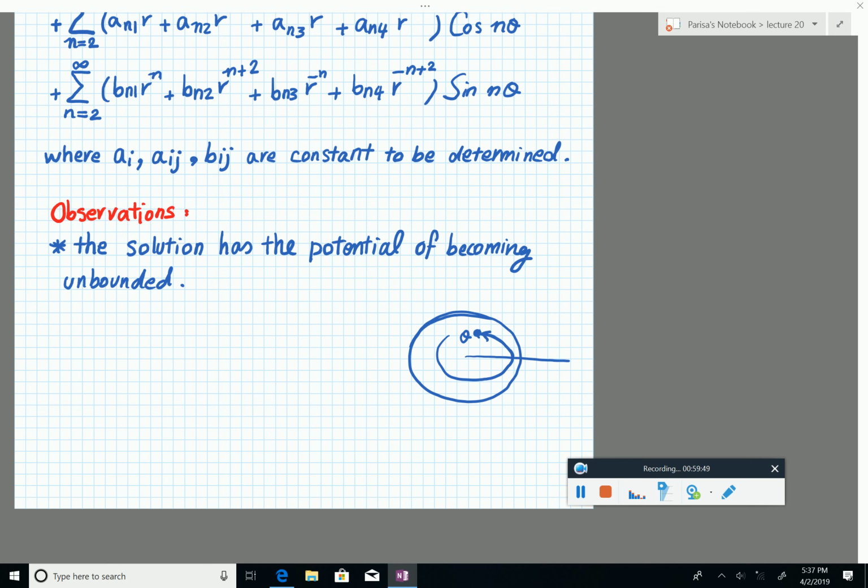Is this a good thing? Yeah, most of the time you don't like it, right? And you can get rid of this. How would you get rid of it? You would just zero the coefficients of those terms which depend on theta, if you don't like it. But it turns out that there is one very important application where you actually need that.